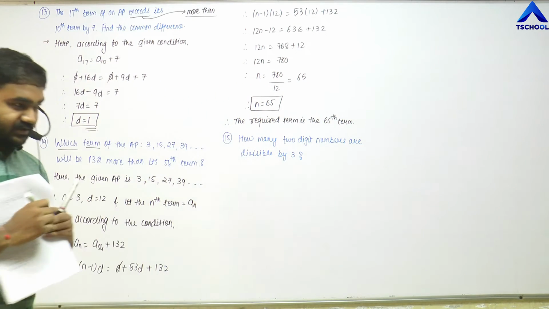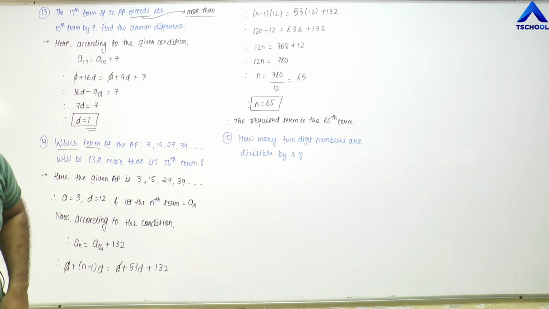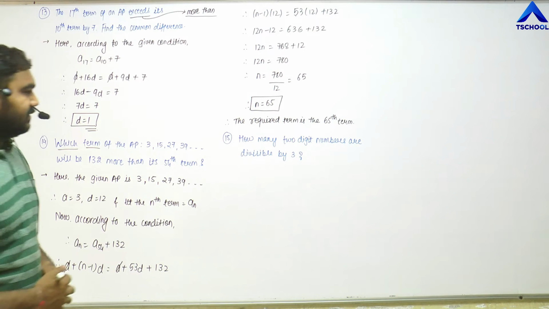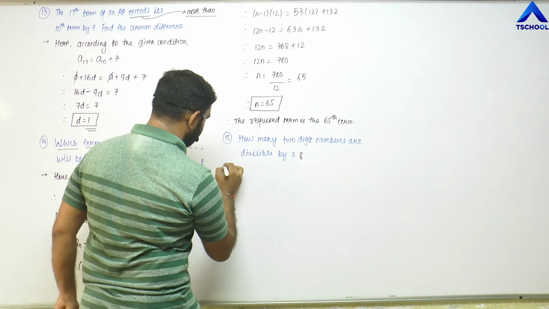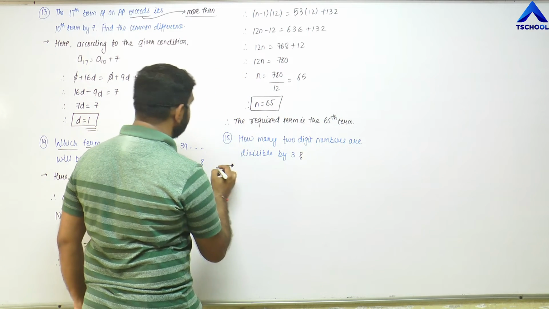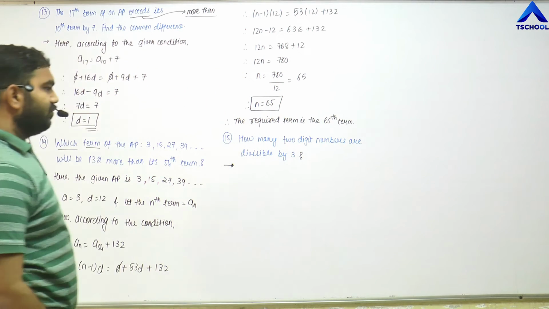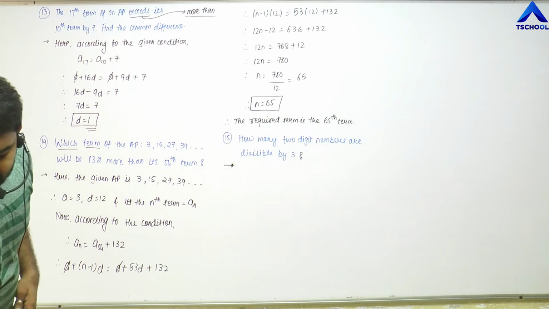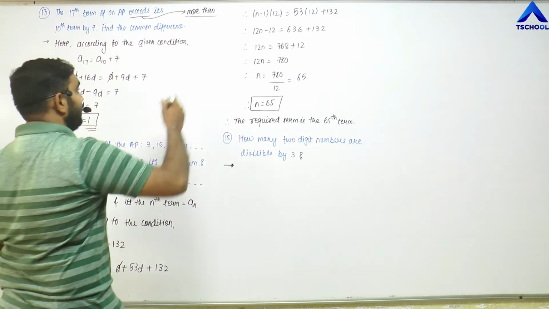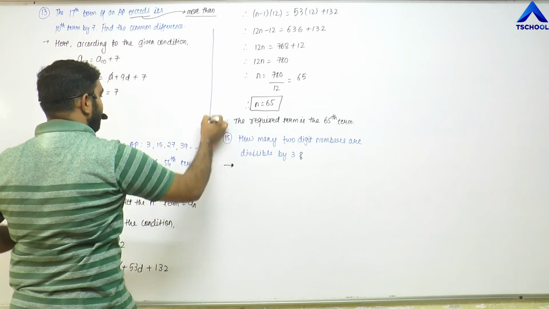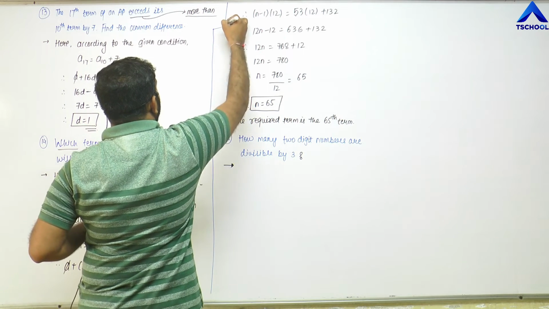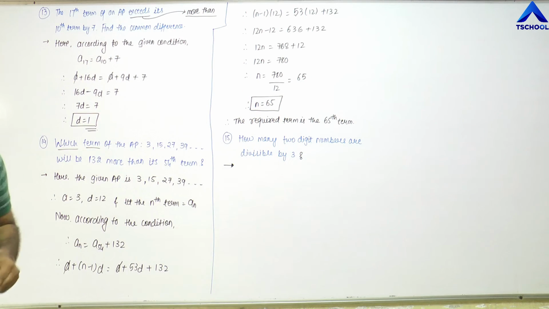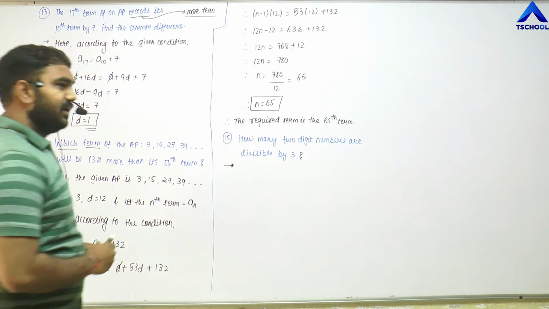How many two-digit numbers are divisible by 3? We need to look for this question, right? So for solving this question, first of all, what we require is the list of two-digit numbers. Actually, the list of two-digit numbers starts from 10. Yes or no? Right? The list of two-digit numbers starts from 10.